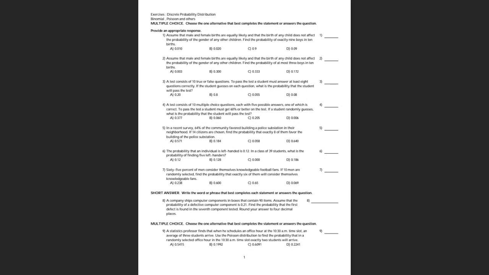Find the probability of exactly 9 boys in 10 births. They don't tell you what kind of table or what kind of distribution we need to use, but you need to figure it out.